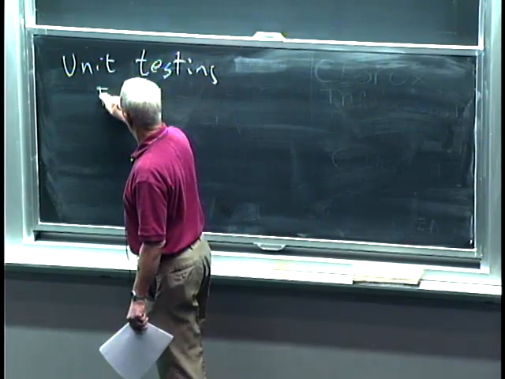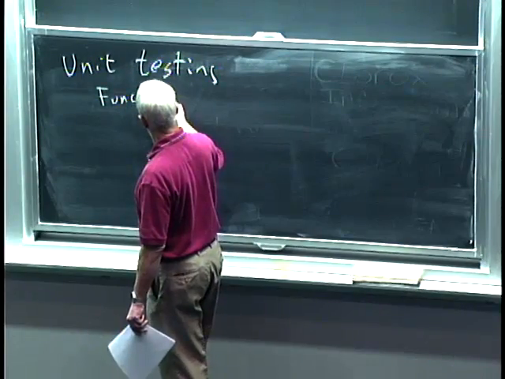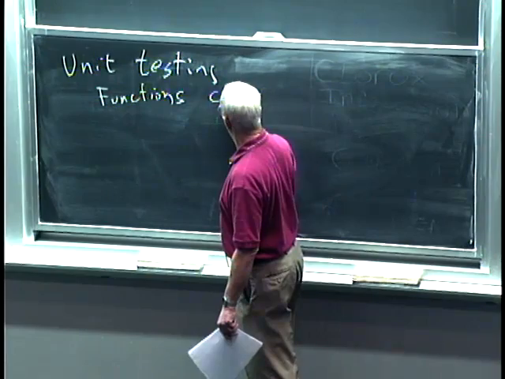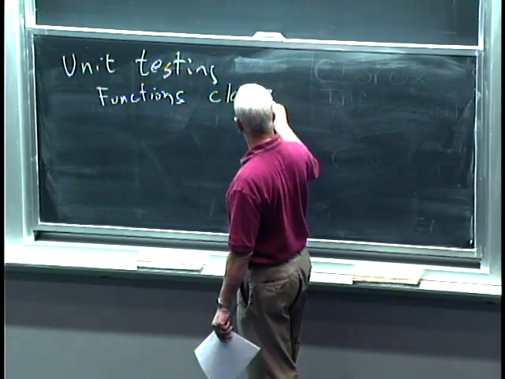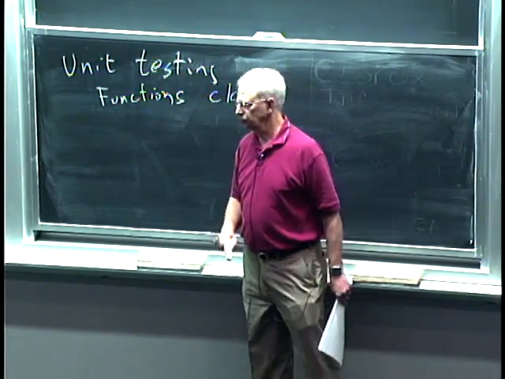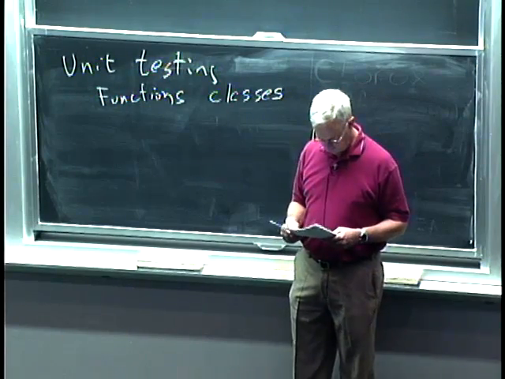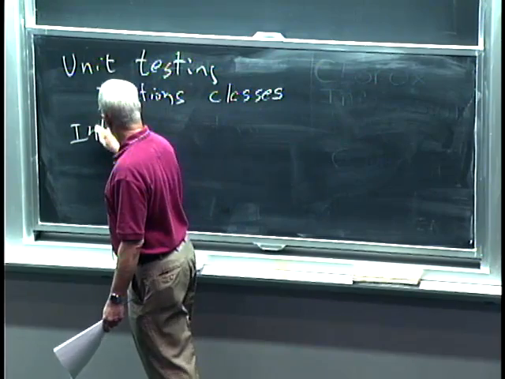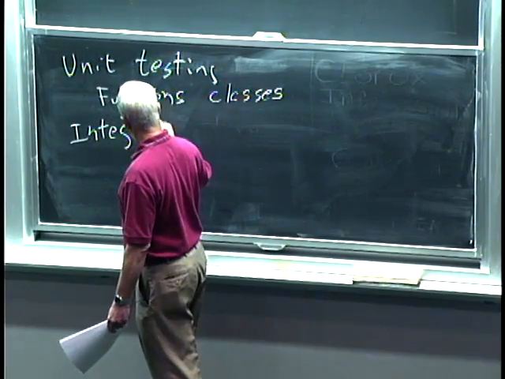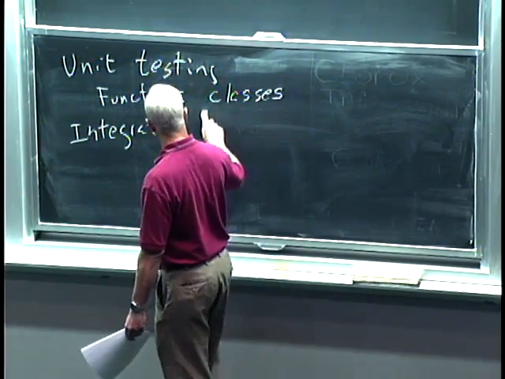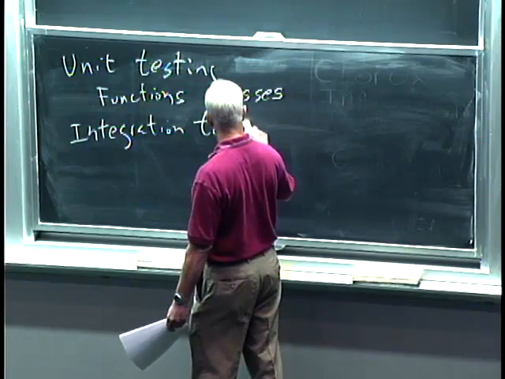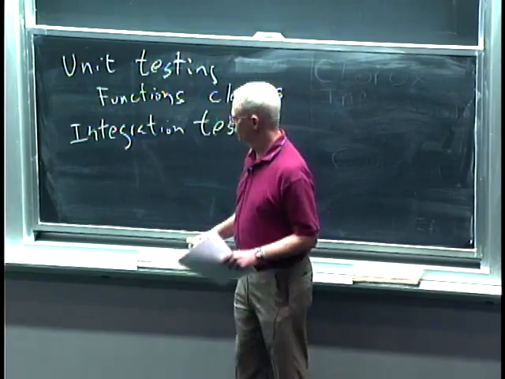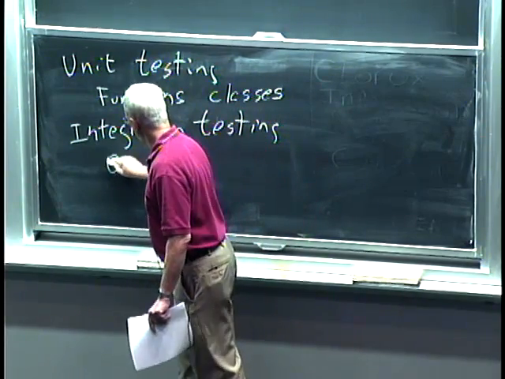Thus far, for us, it's been testing individual functions. Later in the term, we'll talk about unit testing of classes. The other kind of testing is integration testing, where we put our whole program together and we see, does the whole thing work?